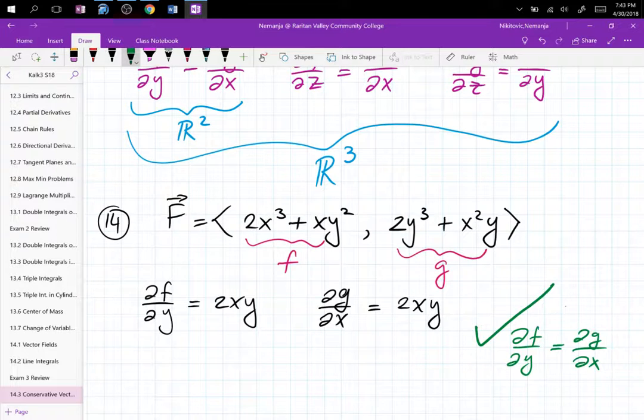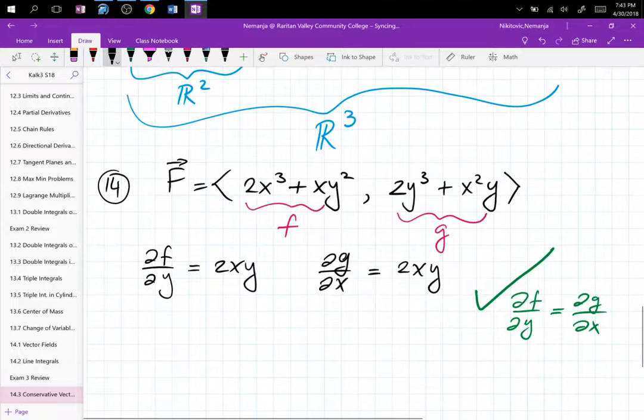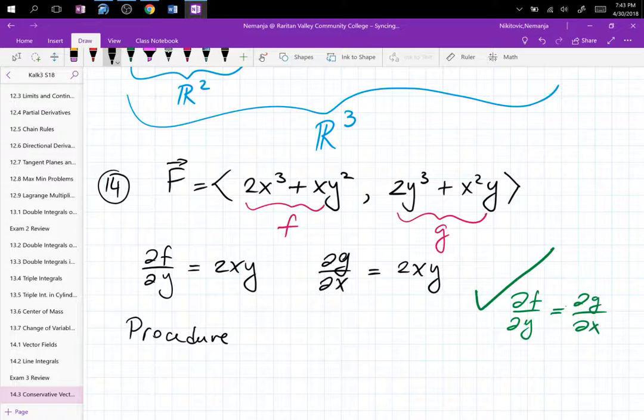So the condition is satisfied, which means that this is a conservative vector field. All right. So now we are starting the procedure to find phi.